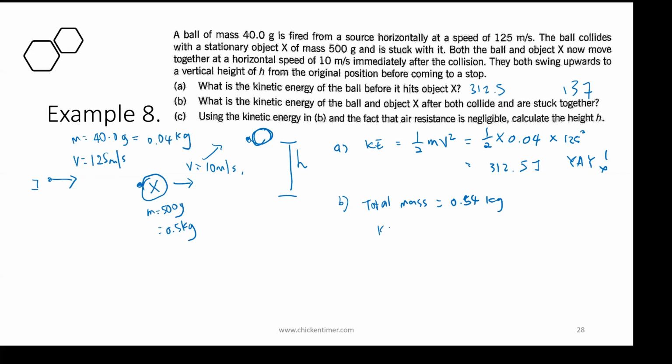So KE will be half mv squared equals to half times 0.54 times 10 squared, which is 27. Yes.